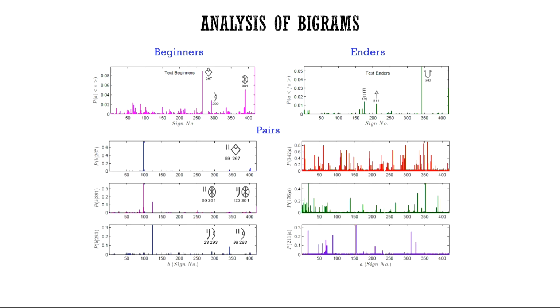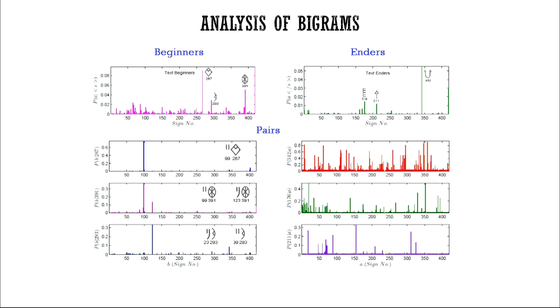Then we can find information about the affinity between signs. Given a sign, with which sign does it appear most often? We can plot that conditional probability graph over here, and you can see clearly that it has a favorite sign. This is sign number 99. Similarly, with the other beginners, these were the favorite signs with which they appear.